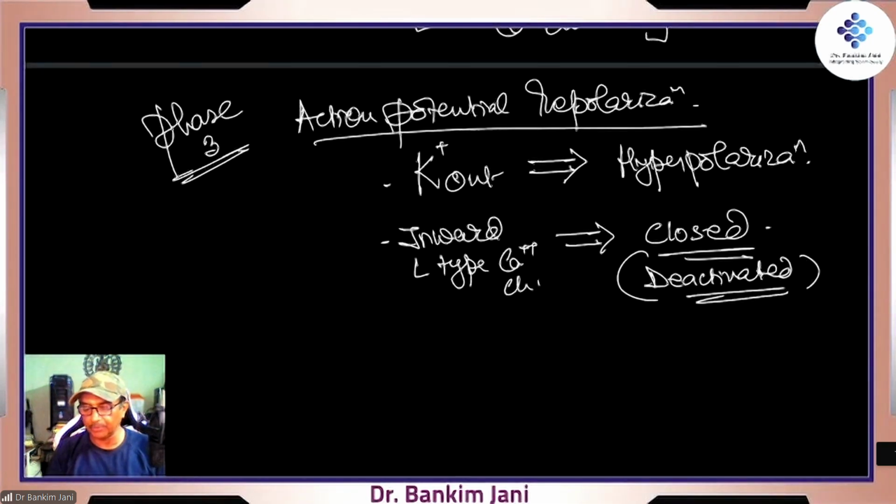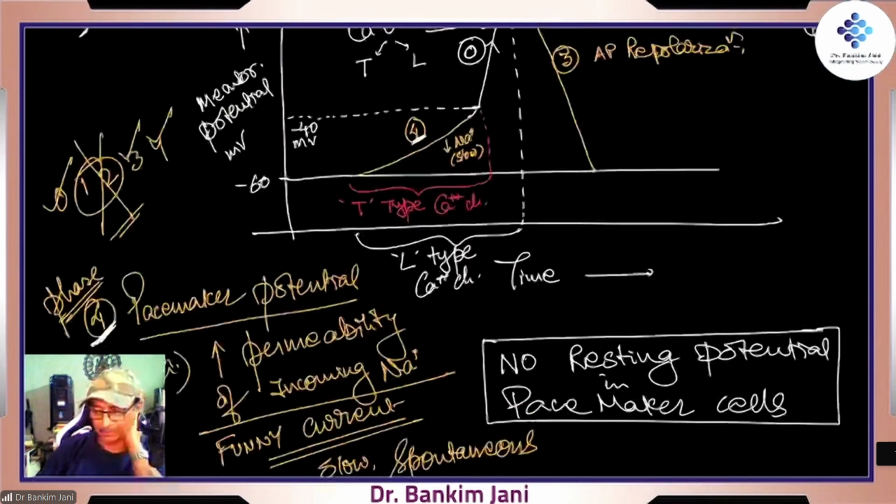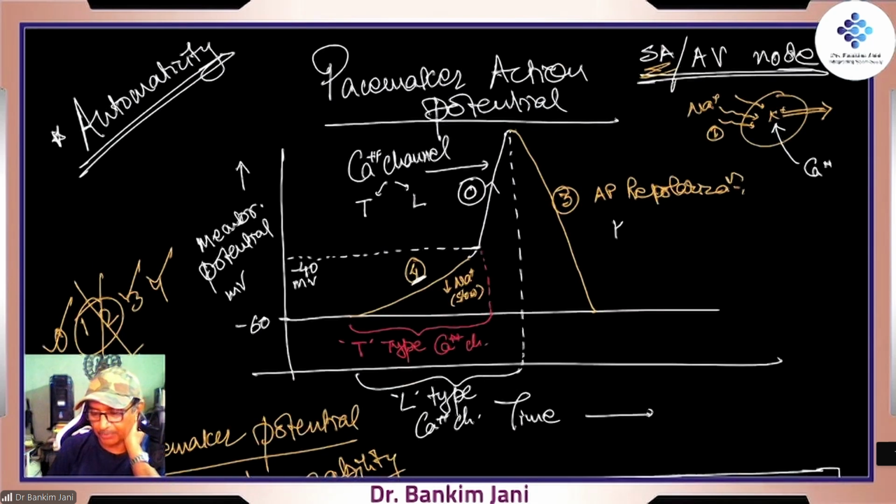So now you know it very well that when it comes to this point, it is the potassium which starts moving out. So when potassium is moving out, there was so much plus inside. Plus ion is moving out, so it starts becoming negative, so it drops. At the same time, these L-type channels, which were working almost till this point, some of the cells are working here also.